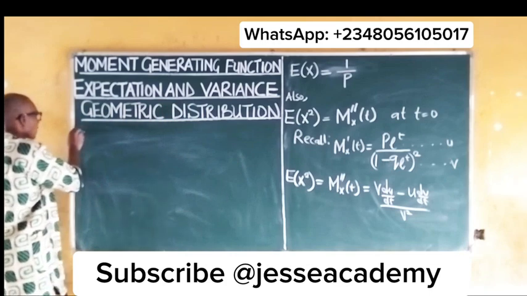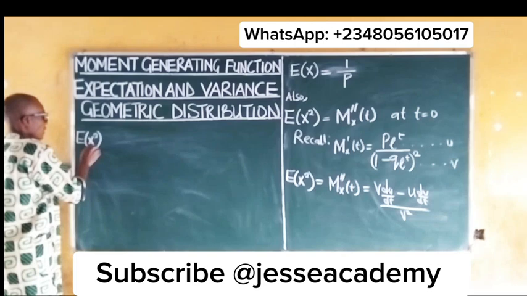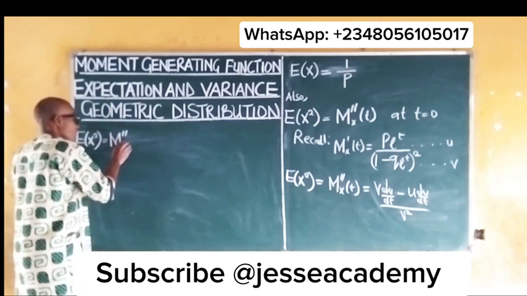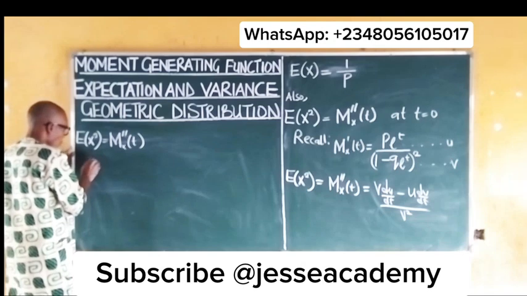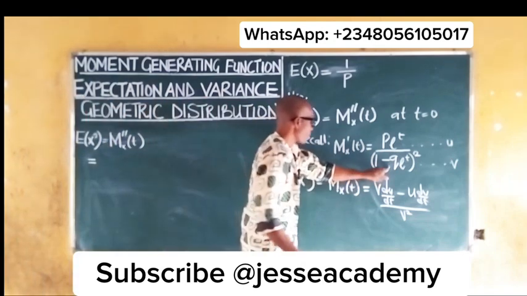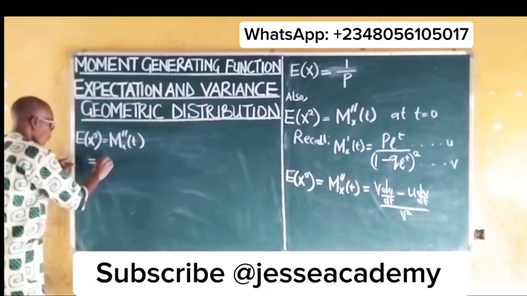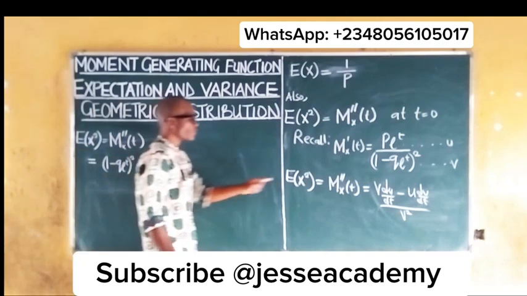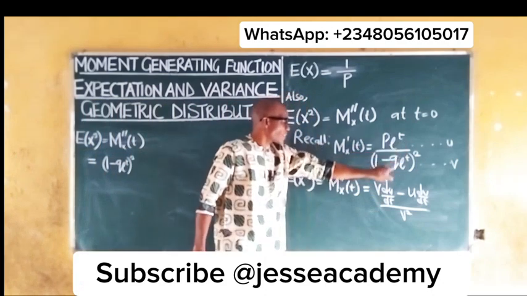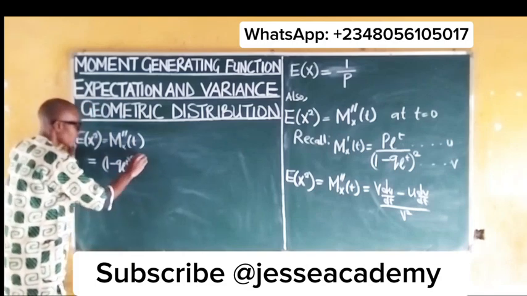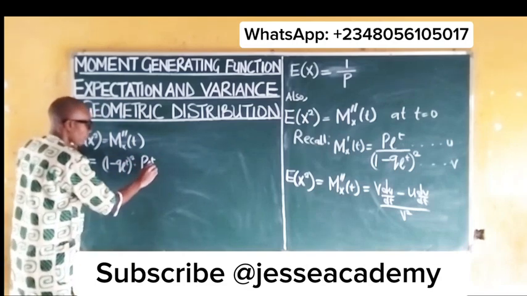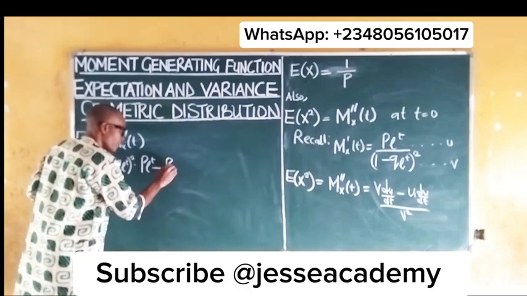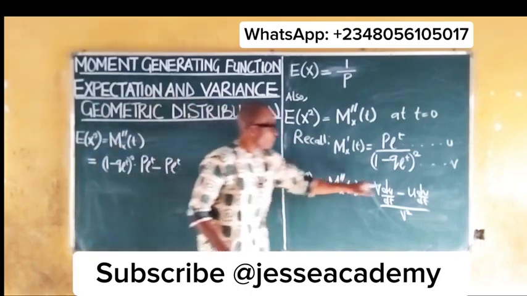Now we have our expected value of x squared to be equal to our second derivative of the moment generating function, which is equal to, now we have v, this is our v, 1 minus q e^t, multiplied by the du all over dt. If we differentiate that with respect to t, we get p e^t. Now, minus, we have u. This is our u again. We'll bring it down: p e^t. Now, we differentiate v.